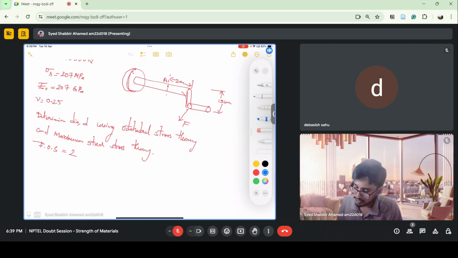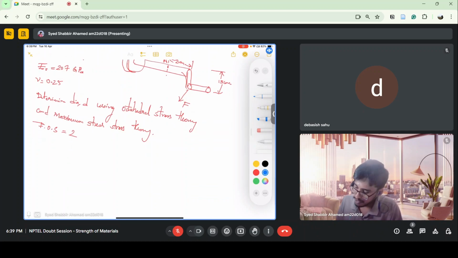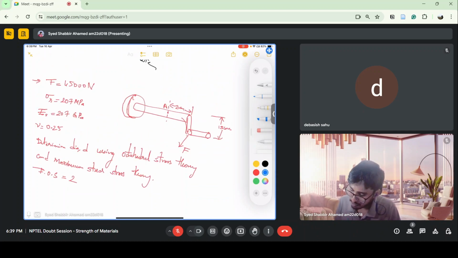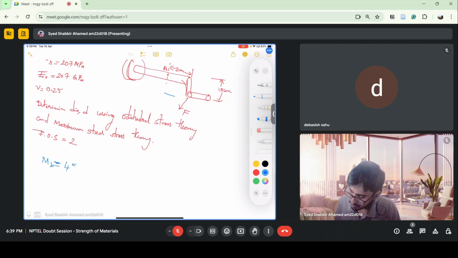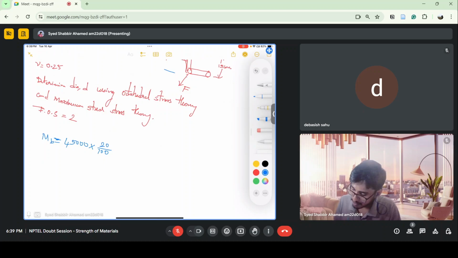So let's calculate the bending moment and also the torsional moment due to the applied force on the shaft. The bending moment is basically force into distance, up to here, which is 20 centimeters. So I have to convert that into meters. Force into distance: 45,000 Newton into 20 by 100, converting centimeters into meters, and I'll get this as 9,000 Newton meter, or 9 kilonewton meter.